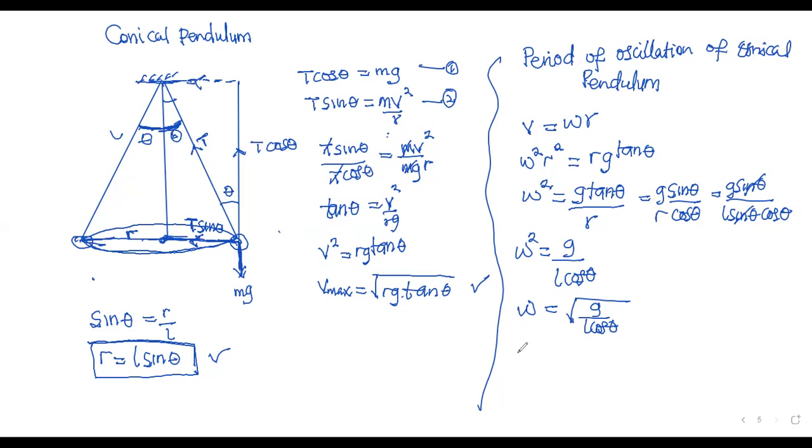We are looking for the period. Omega is 2 pi over the period, equal to square root of g over L cos theta. Please help me make T the subject. Capital T would be equal to, so do that for me quickly. Help me make the period of oscillation, capital T, the subject.